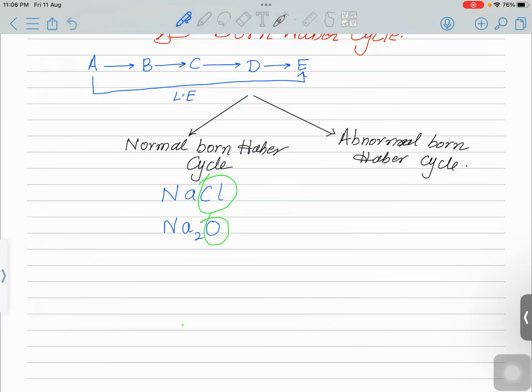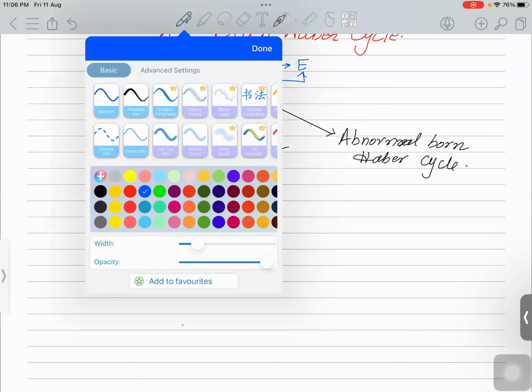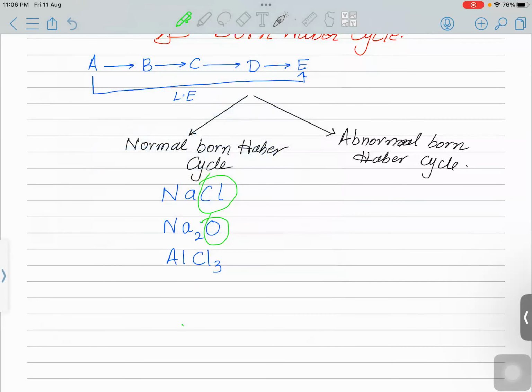Number 3, AlCl3. Now, how many elements in the anion? One, sir. So it is the normal Born-Haber cycle.